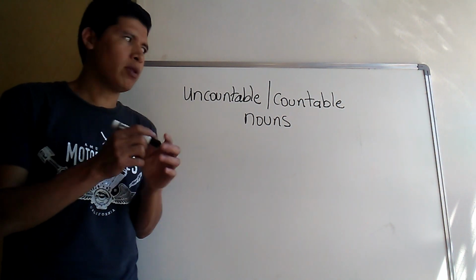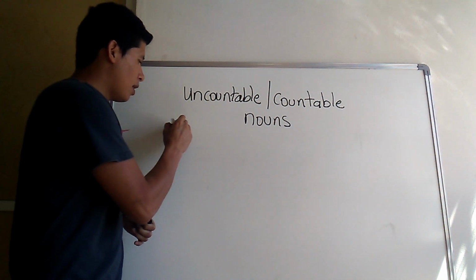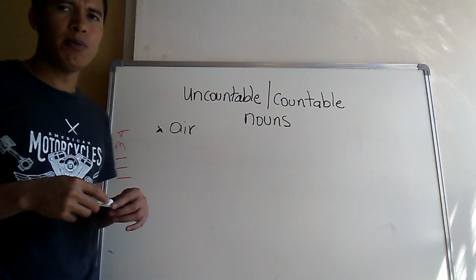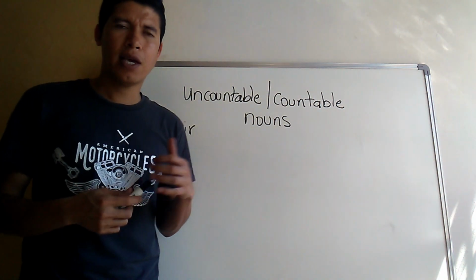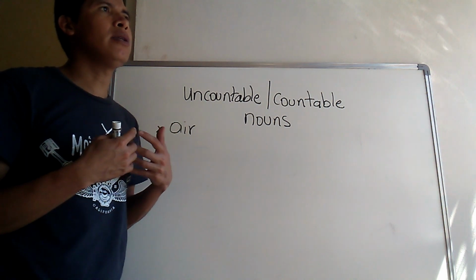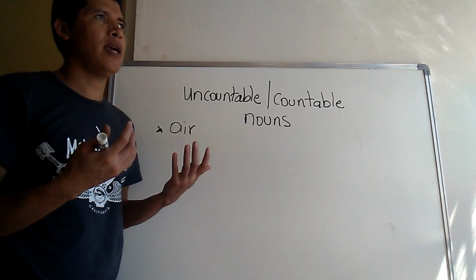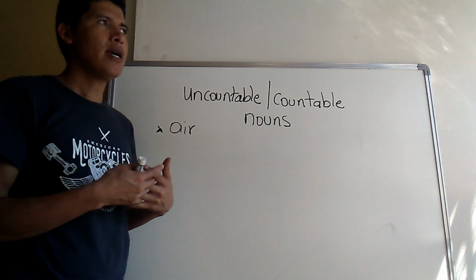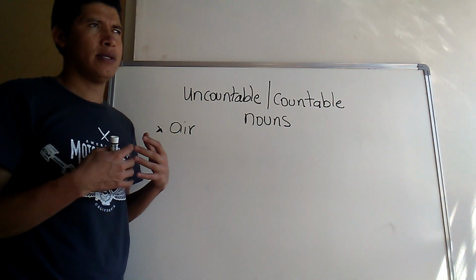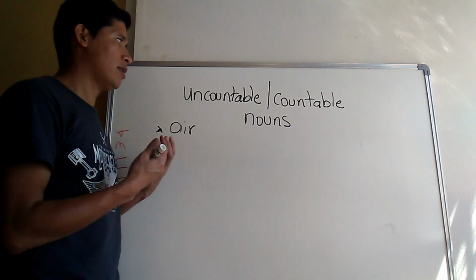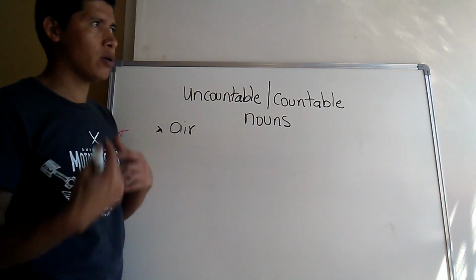For example, air is an uncountable noun in English. Maybe you can't see the air, but you can feel the air. That is how you can understand it is uncountable, or not countable.